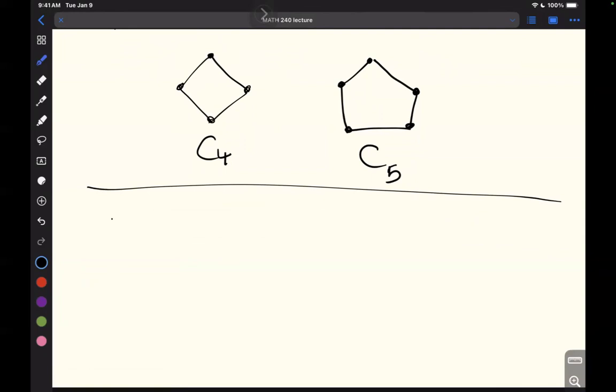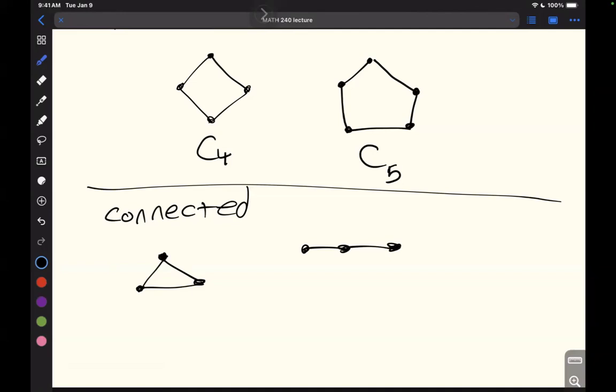Let's talk about connectivity. Let's consider a triangle. Do you think all these vertices are connected to each other? I would say so. What about the path? Do we think all these vertices are connected to each other?